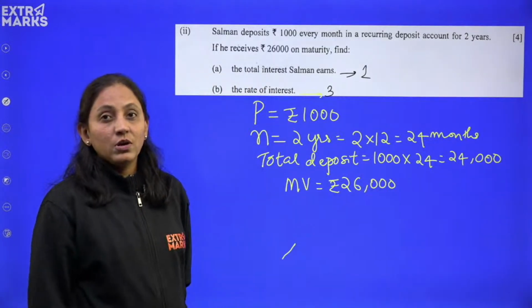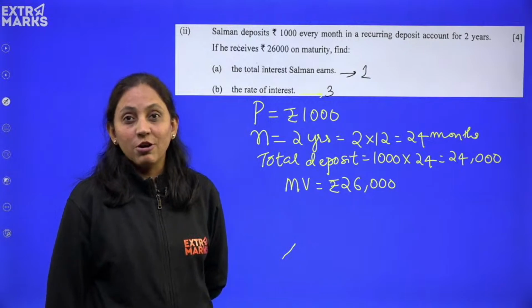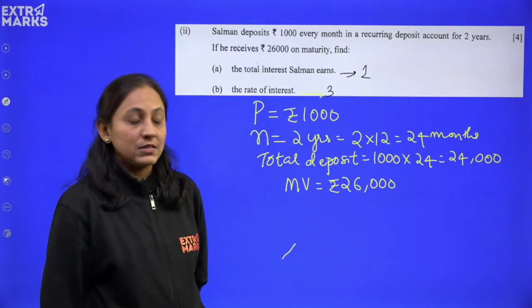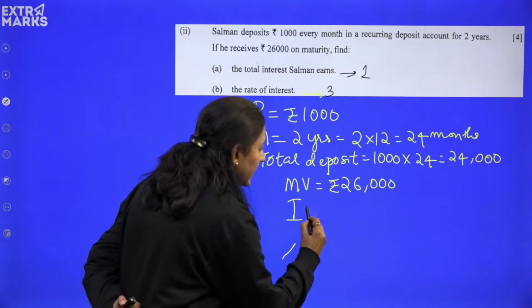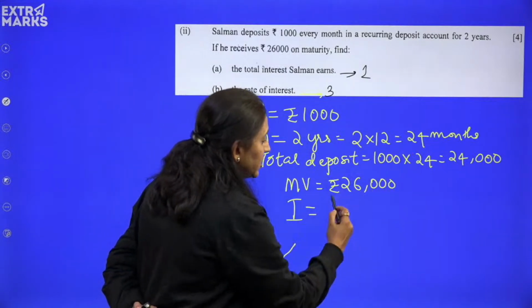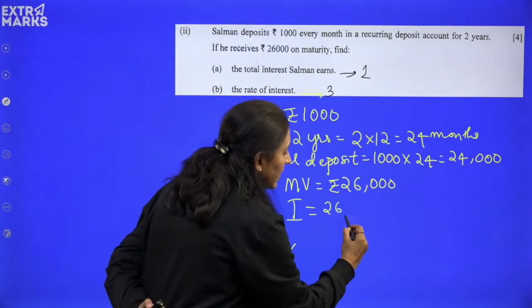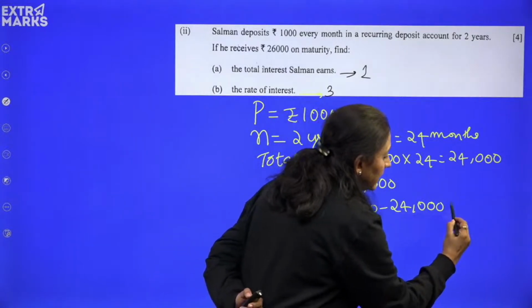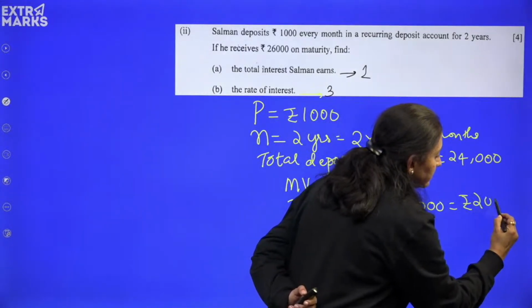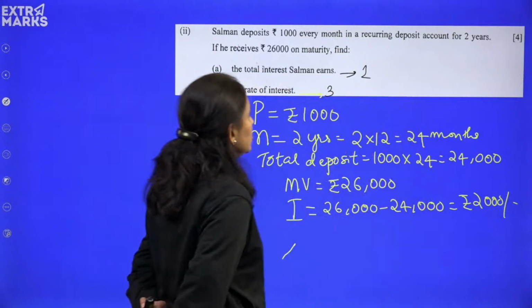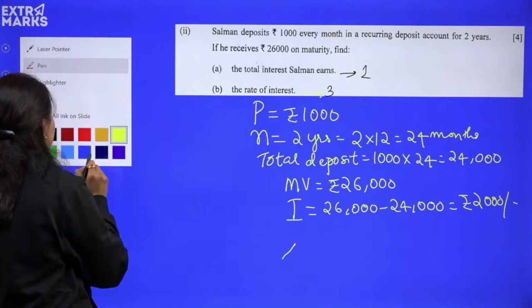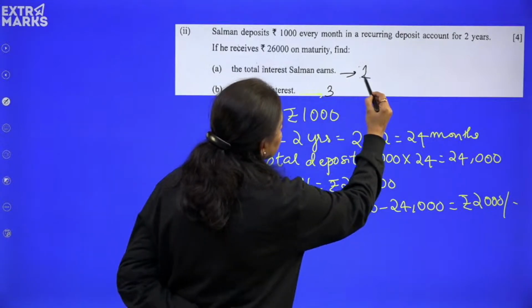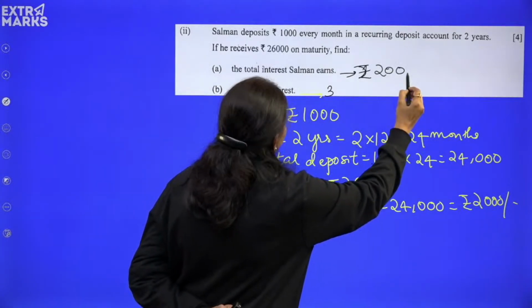So the extra amount he has got is the interest which Salman earns. So the interest, which we will call I, will be the difference of the maturity value and the deposit amount. That's rupees 2,000. So the total interest is 2,000 here. The answer here is 2,000.